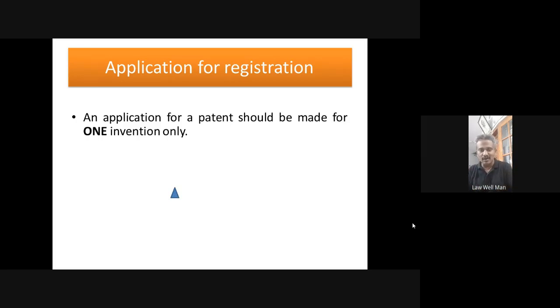certain opening sentences on patent registration. An application for a patent should be made for one invention only. What is one invention is something to be discussed, taking some examples.